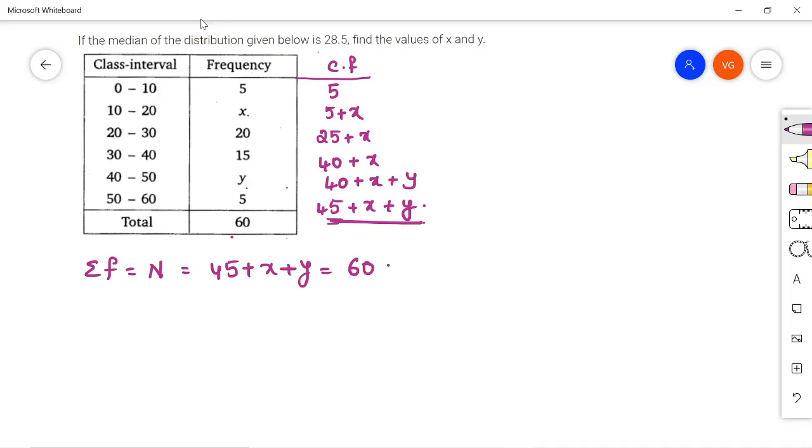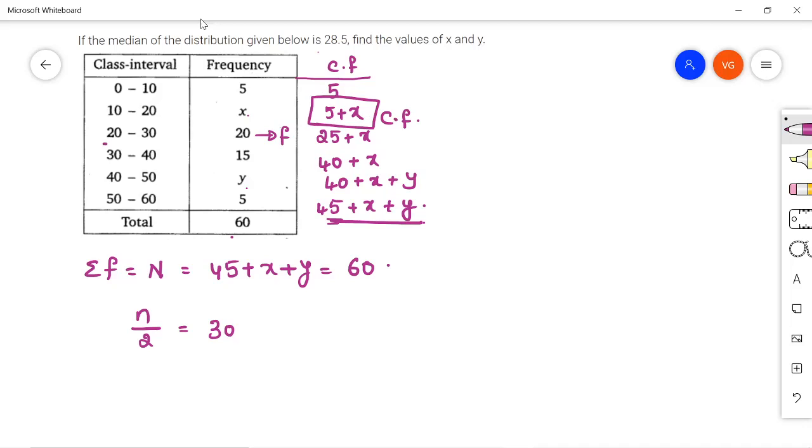We know we have to find n by 2. So n by 2 here is 30, since 60 by 2 is 30. So we need to find the cumulative frequency that is just above this value, right? So this is the frequency f here for us and this is the required cumulative frequency.